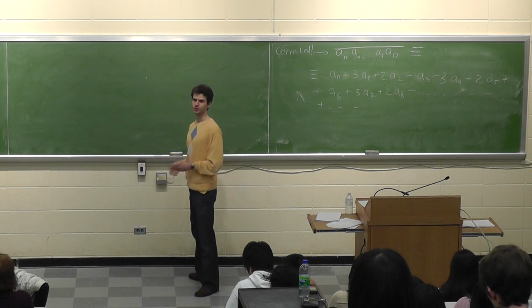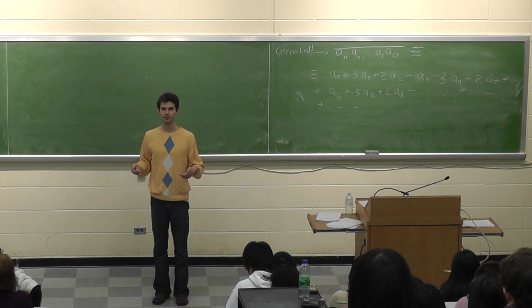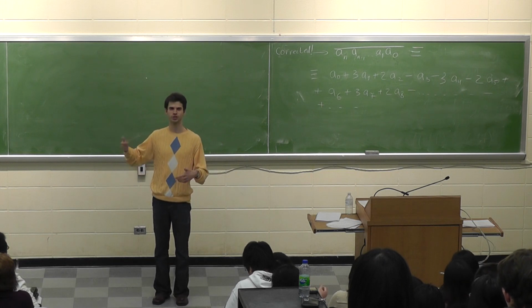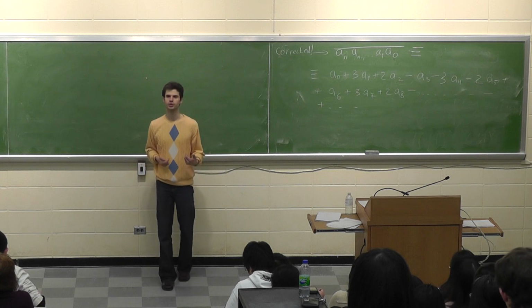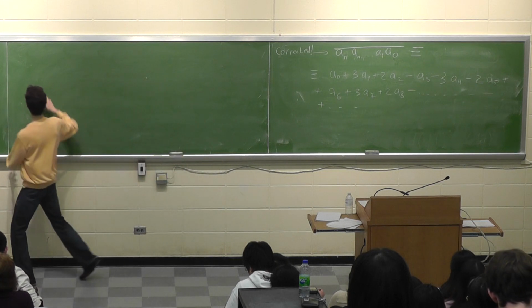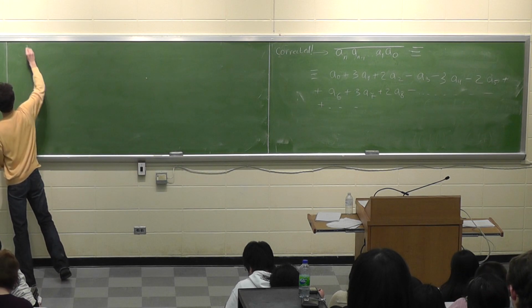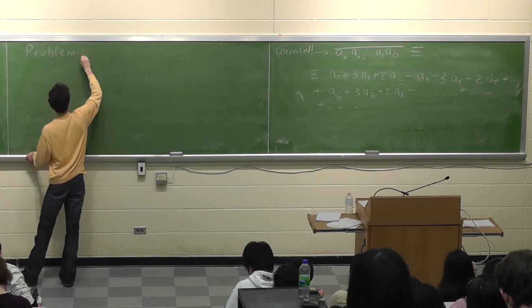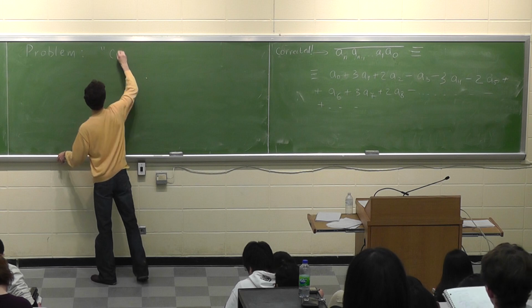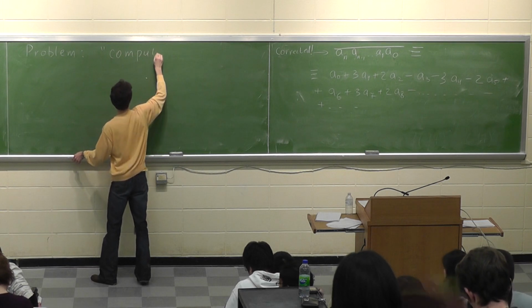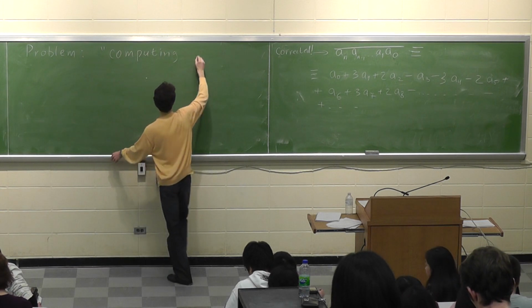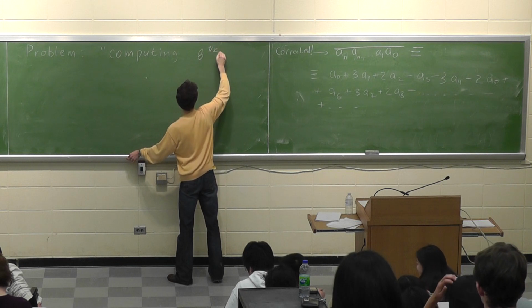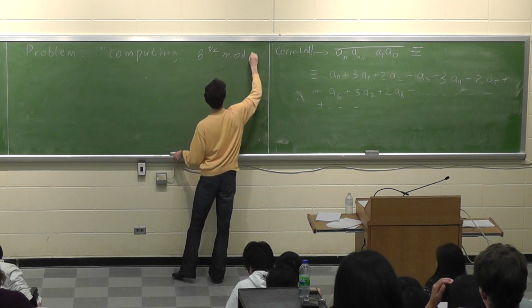So now let's go back to the question of raising to some fractional power, which means extracting the root. Going back to our problem once again: computing e to the power 1 over k modulo m.